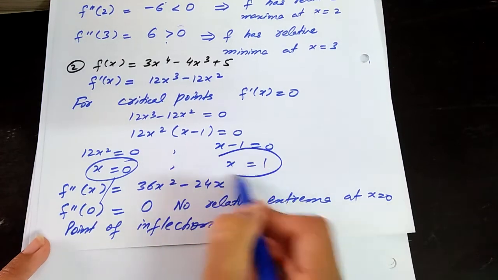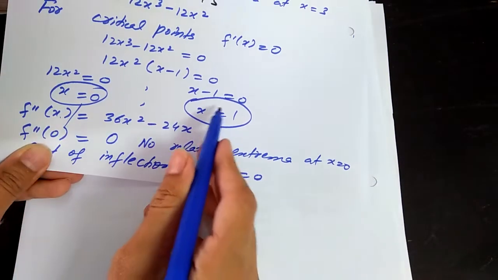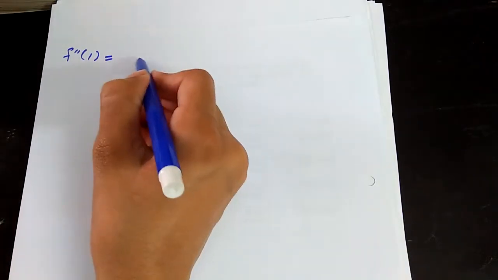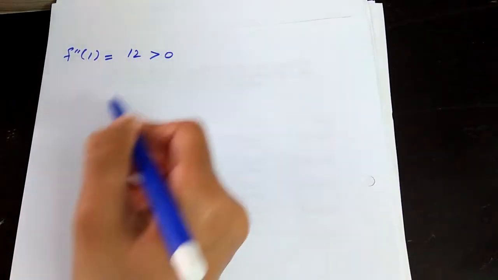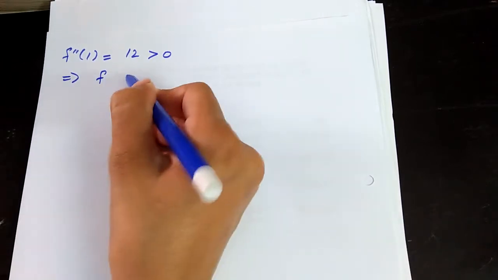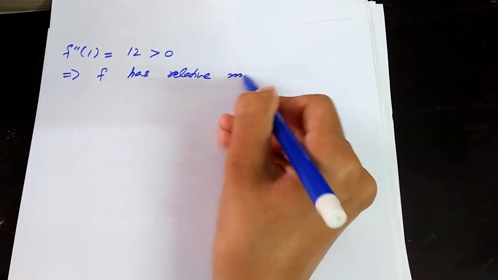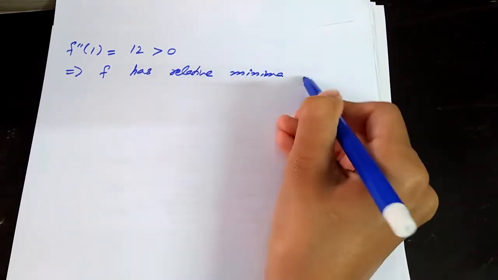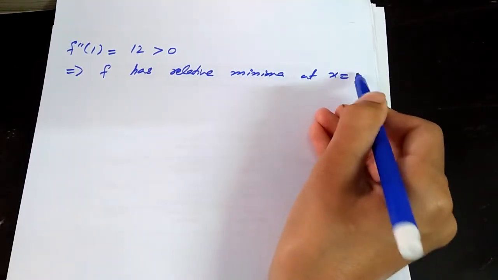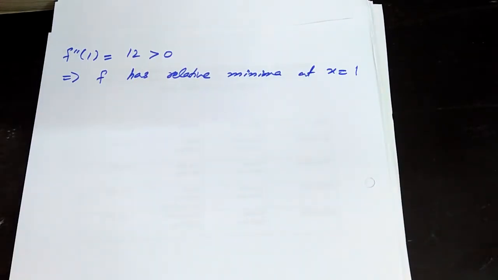Now use the second point in the second derivative. The value of f double dash at x equals 1 is 12, which is greater than 0. So f has relative minima at x equals 1. Now move on to the third question.